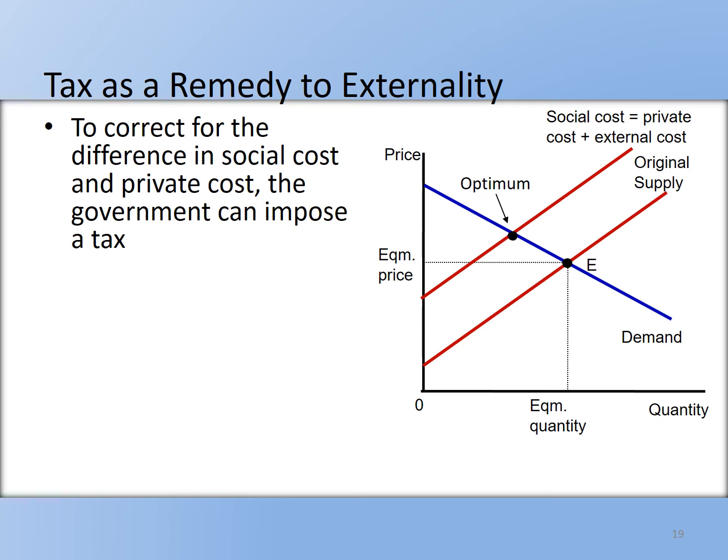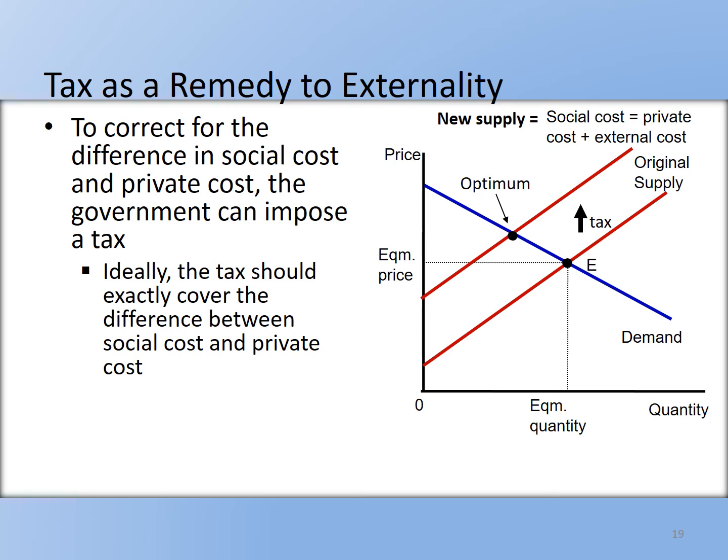What do you want to do as a government? Ideally, you want to tax me $10 per unit, right? That forces me to take into consideration how much I hurt you. I hurt you by $10 per unit, then the government forces me to pay $10. Not to you, but to the government. It doesn't compensate you directly, but it does generate revenue for the government, and the government can compensate you if it chooses to.